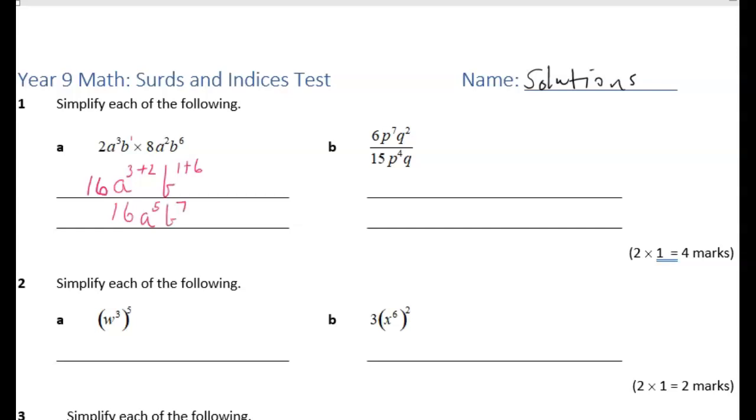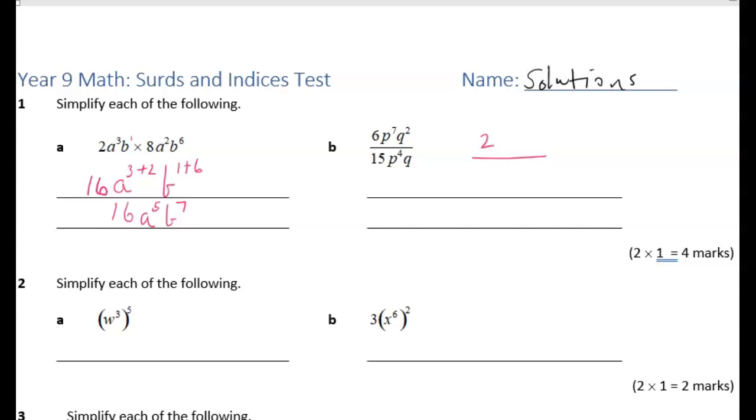All right, in question B, we do have a common factor in 6 and 15, so we're going to simplify that. Now, when I've got a division like this, I'll just start the division and then do each part separately. So we'll look at the coefficients first. So the 6 over 15, 3 is the highest common factor, so that can simplify to 2/5.